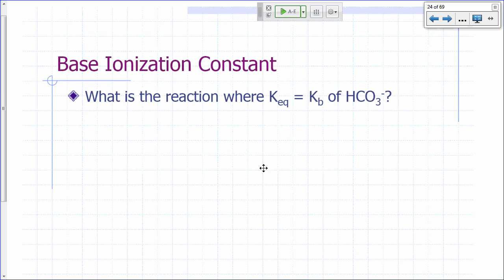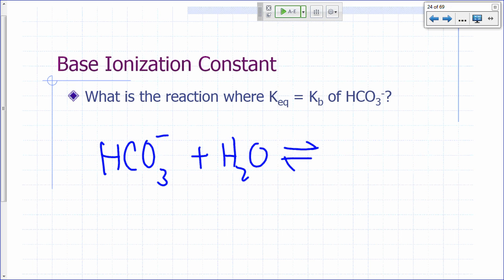So what would be the reaction where the Keq is called the Kb of HCO3 minus? We're talking about a reaction where HCO3 minus reacts with water, and since it's behaving like a base, it must be accepting a proton from water. So what happens when HCO3 minus accepts a proton?